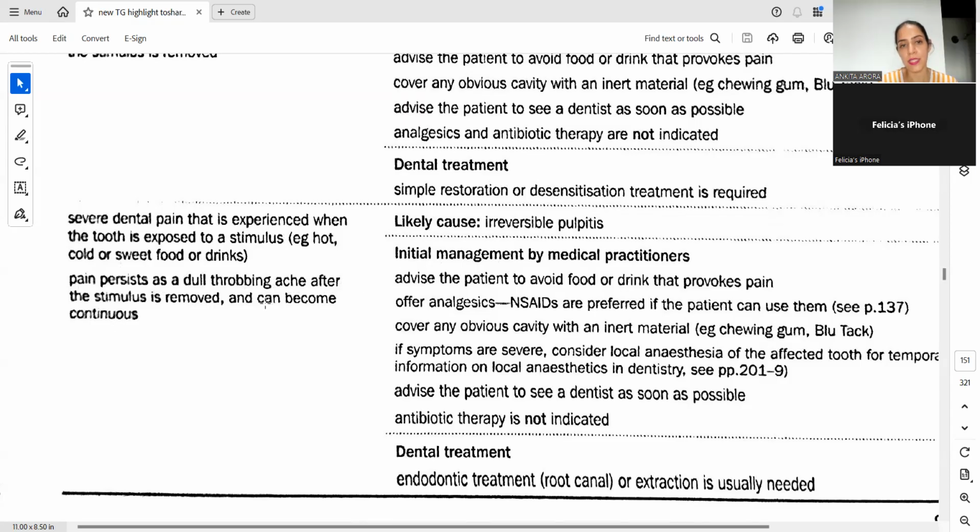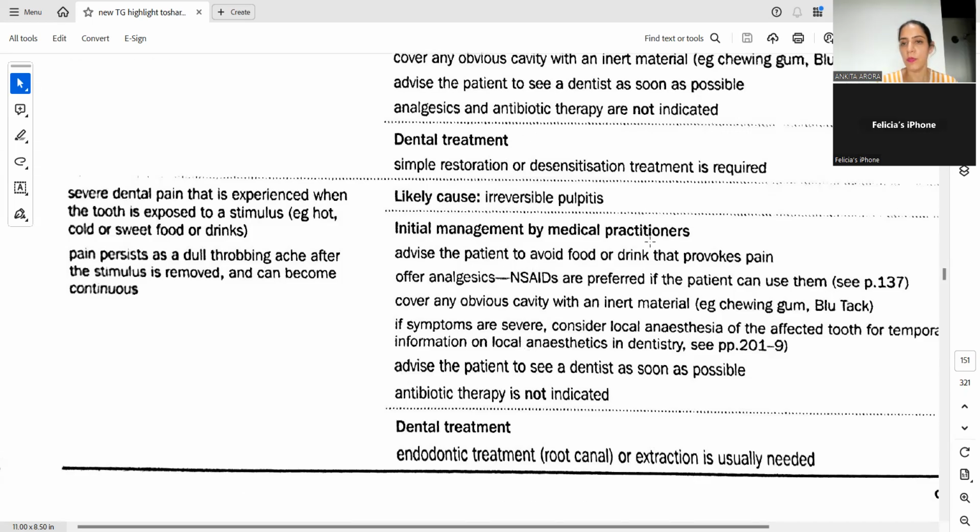So it can start by something and still persist even after that food stimulus is removed. Or it can start as a spontaneous pain by itself. Suddenly it's starting. That also can be irreversible pulpitis. Then we have the likely cause: irreversible pulpitis, with initial management by medical practitioners.